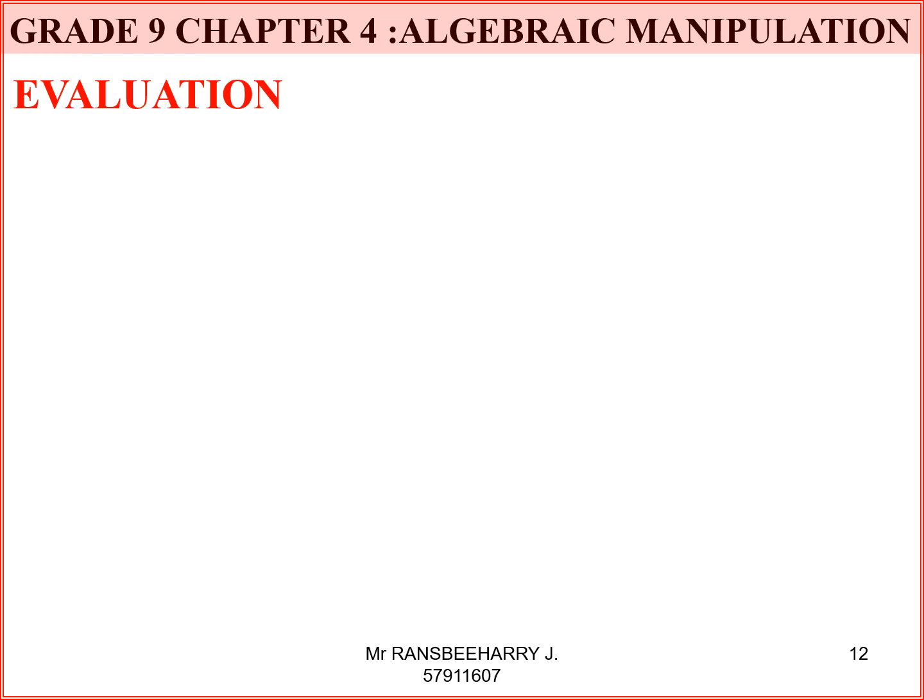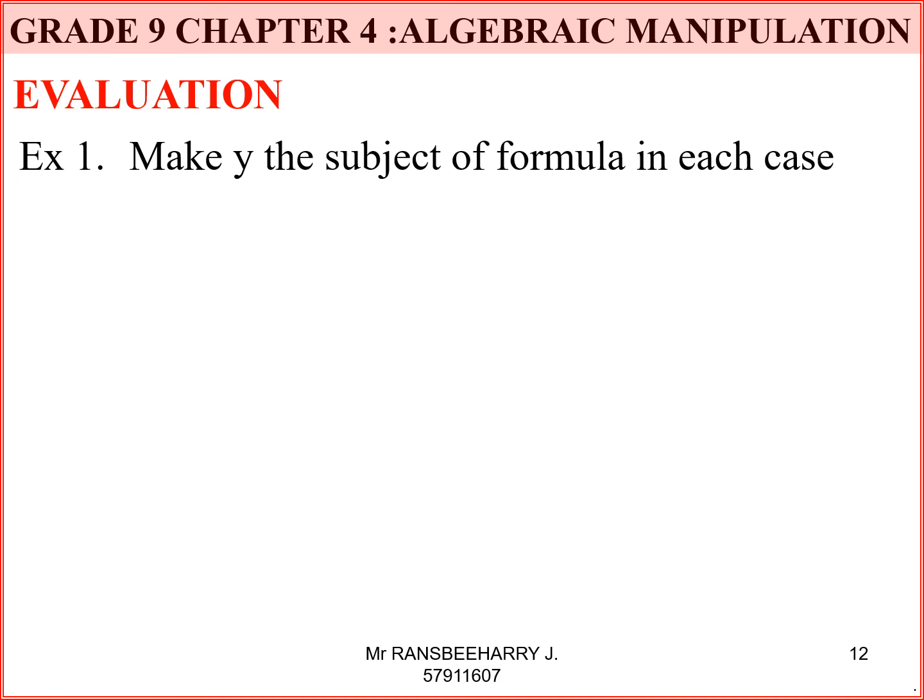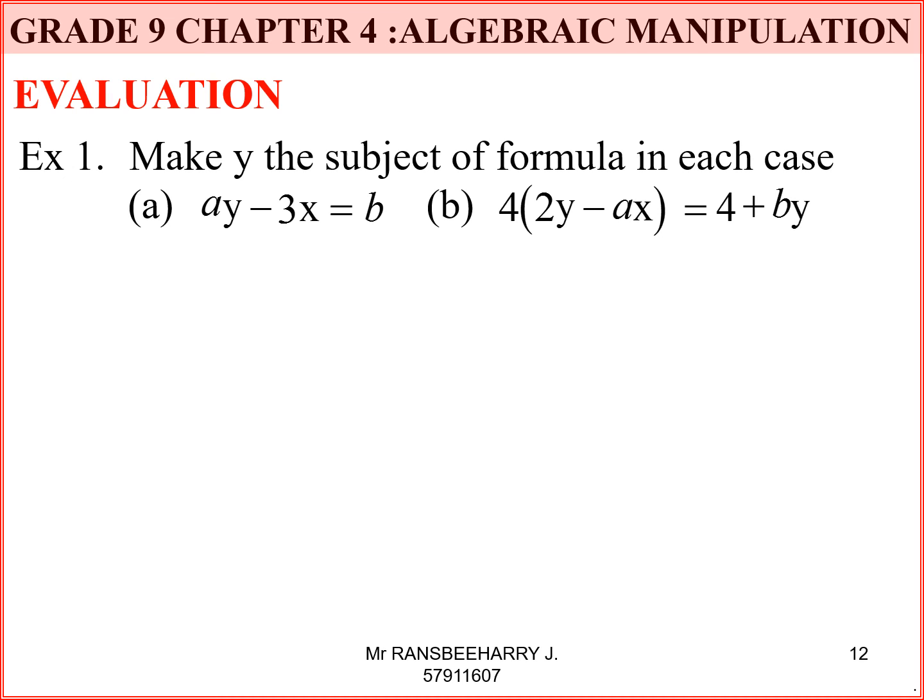Evaluation sheet. Example 1. Make y the subject of formula in each case. Part A, ay minus 3x is equal to b. Part B, 4 into 2y minus ax is equal to 4 plus by.